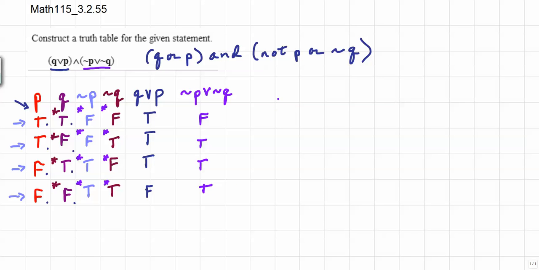And then I can go ahead and put this all together. I'm going to have Q or P, and I've already established the truth values of that statement.